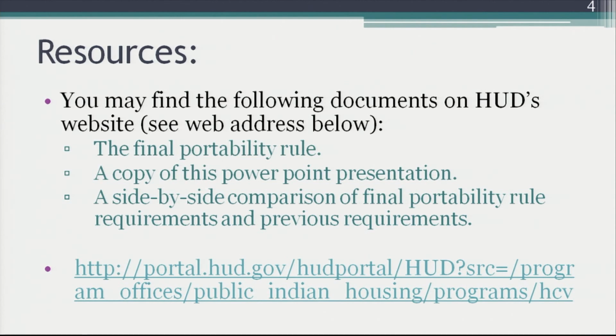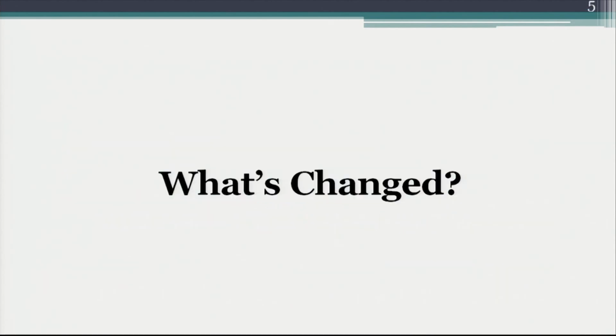So be on the lookout for that, and we'll make those available on our website under the Housing Choice Voucher webpage, which is listed on the slide. So let's get into what has changed through the final portability rule.